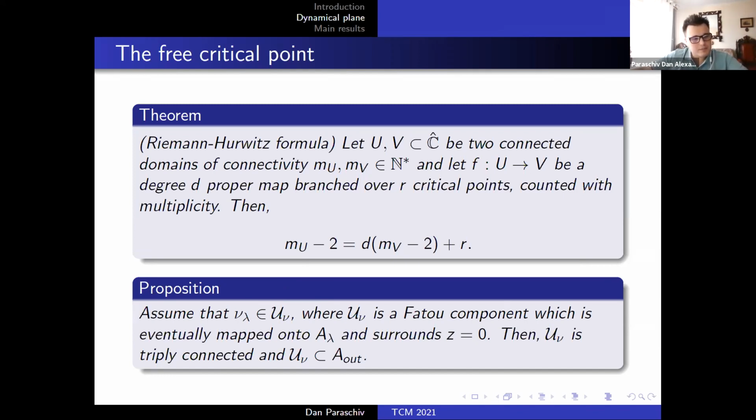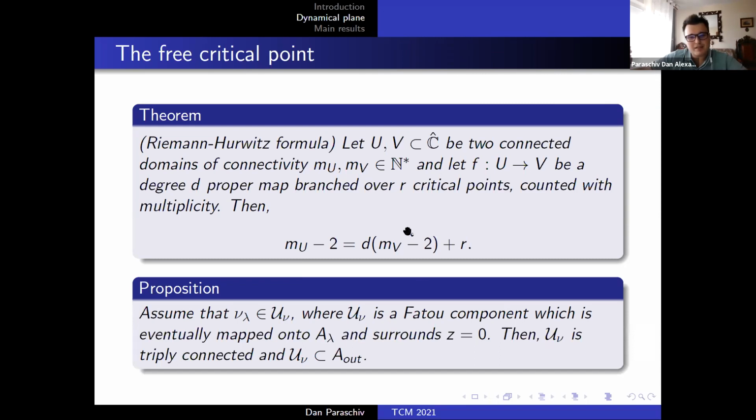Now, if the free critical point lies in a preimage of D lambda, we have that all Fatou components have connectivity 1 or 2, and this does not interest us. So we'll assume that the free critical point lies in an eventual preimage of A lambda, which also surrounds 0. This will be made clear later.